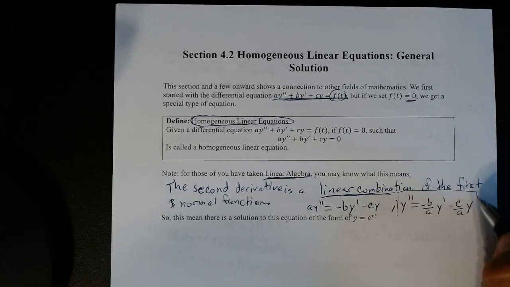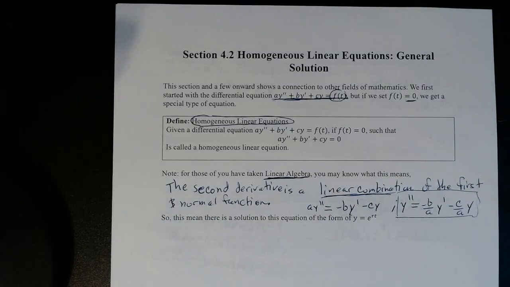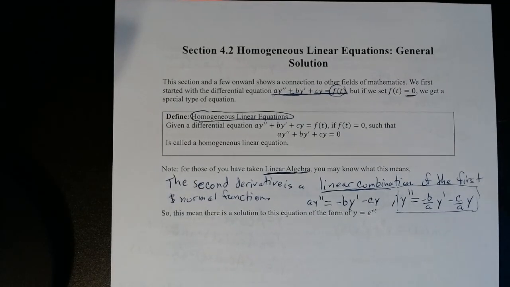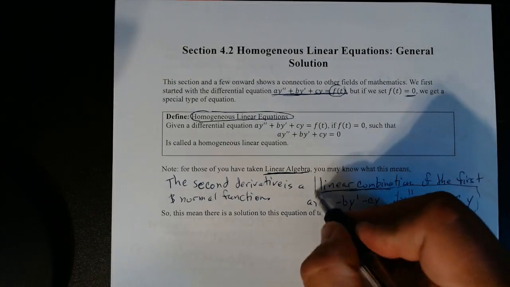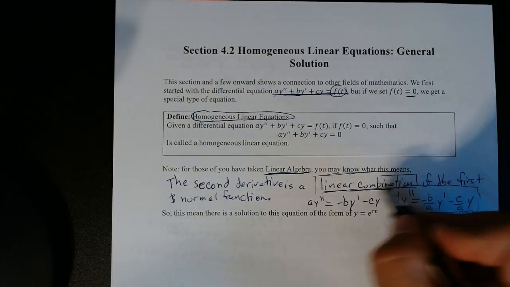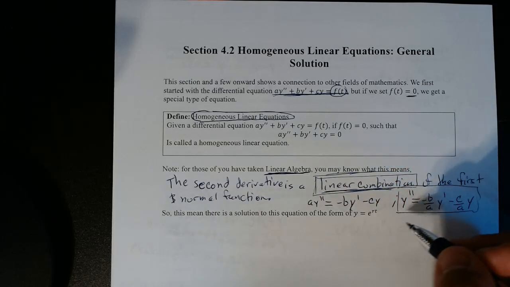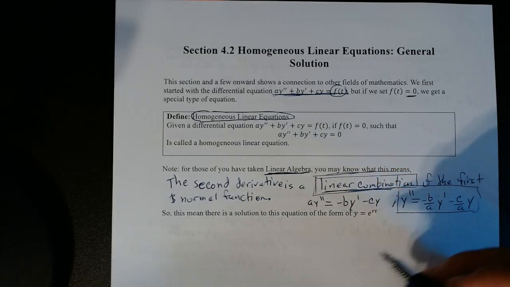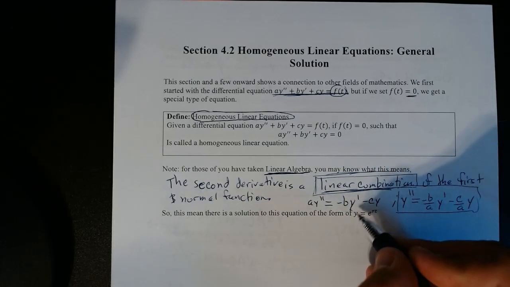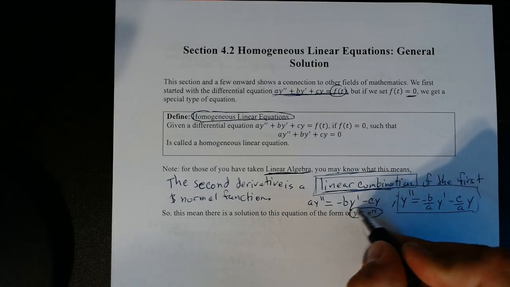This is a nice one because it represents linear independency in linear algebra. Because we know these are linear combinations and linearly independent of each other, which we'll define in a little bit, we have a nice form. We know that every solution is of this form.